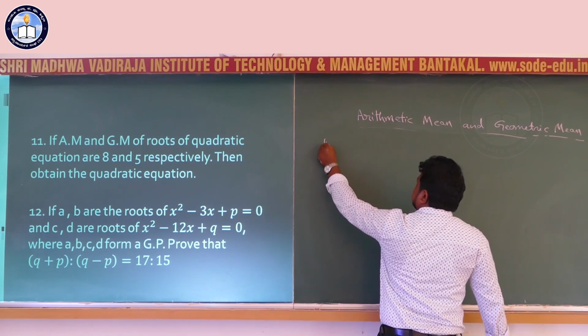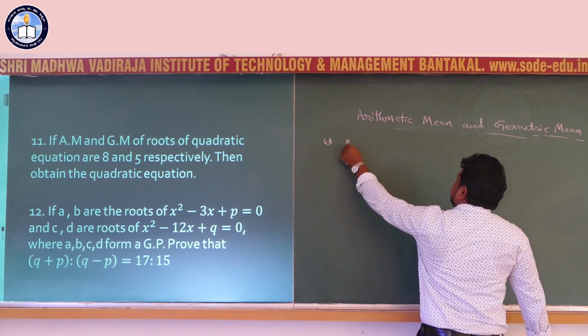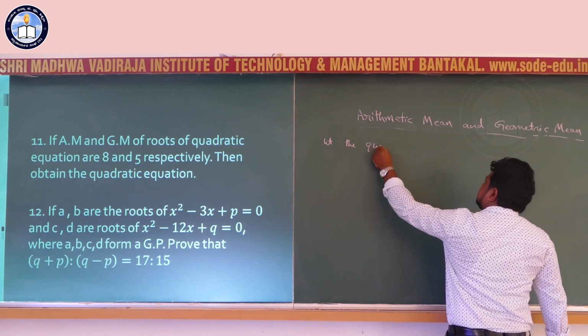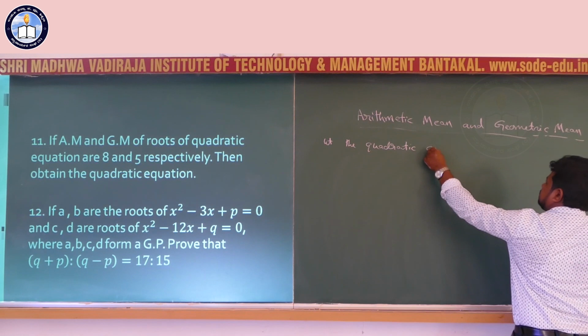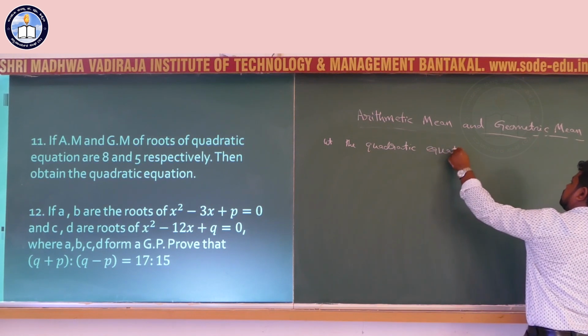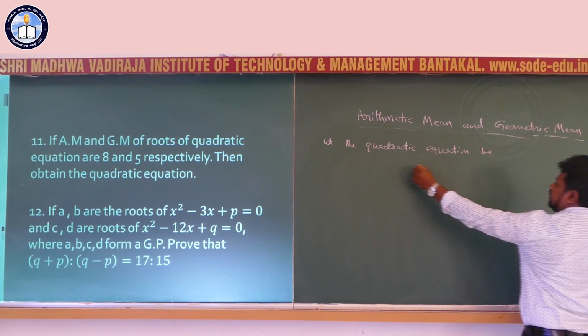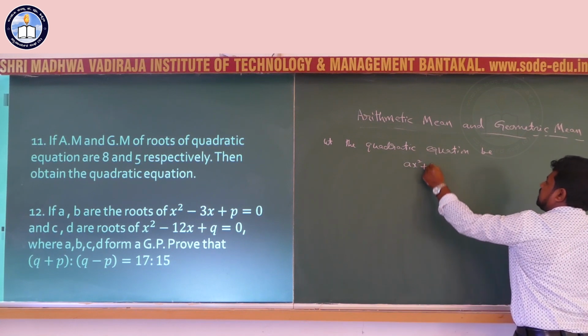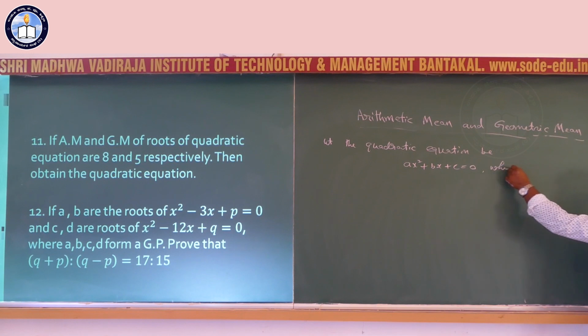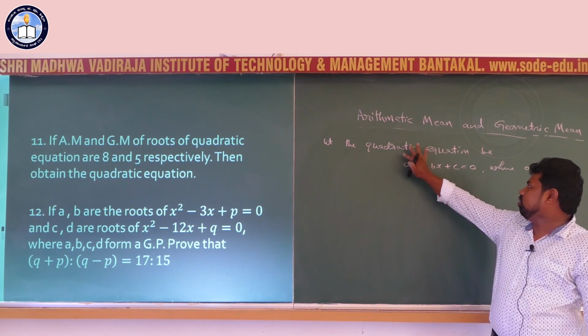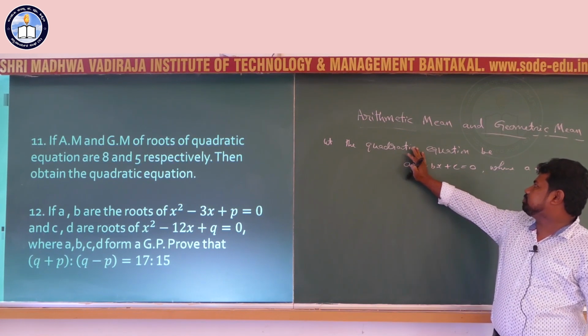Let the quadratic equation be ax square plus bx plus c equal to 0, where a not equal to 0. Suppose a equal to 0, 0 into x square 0, then it becomes bx plus c equal to 0.